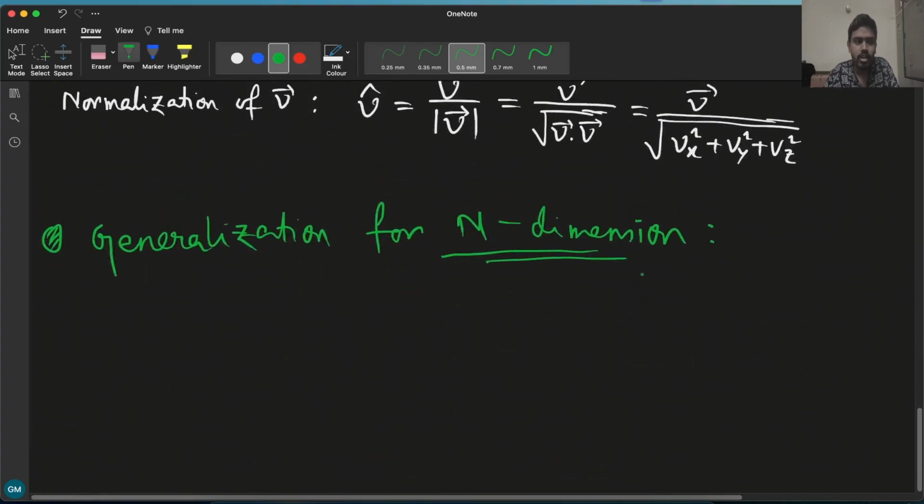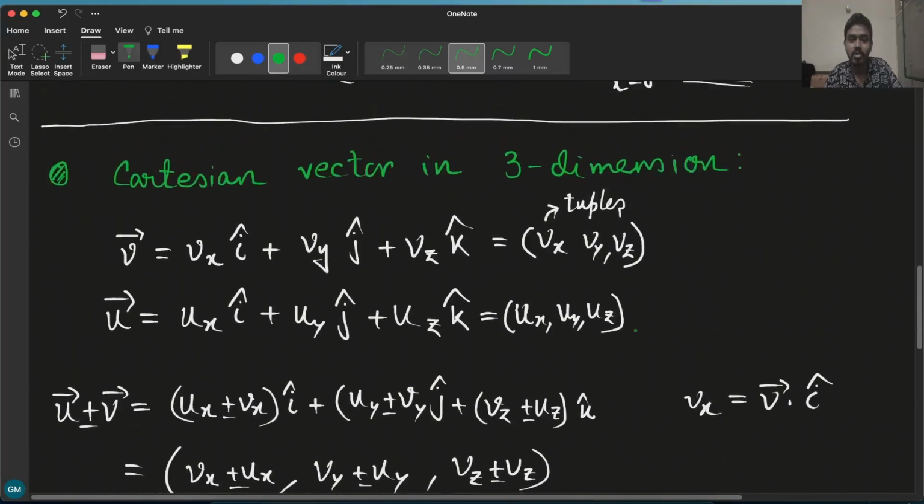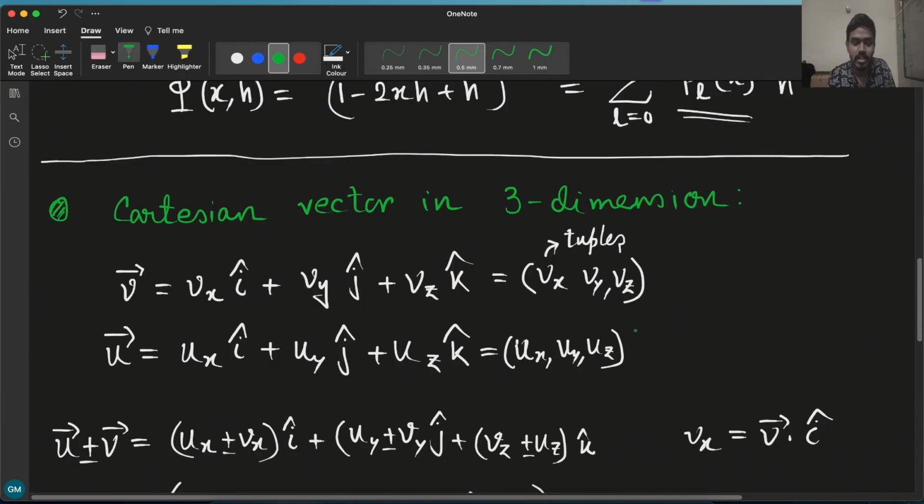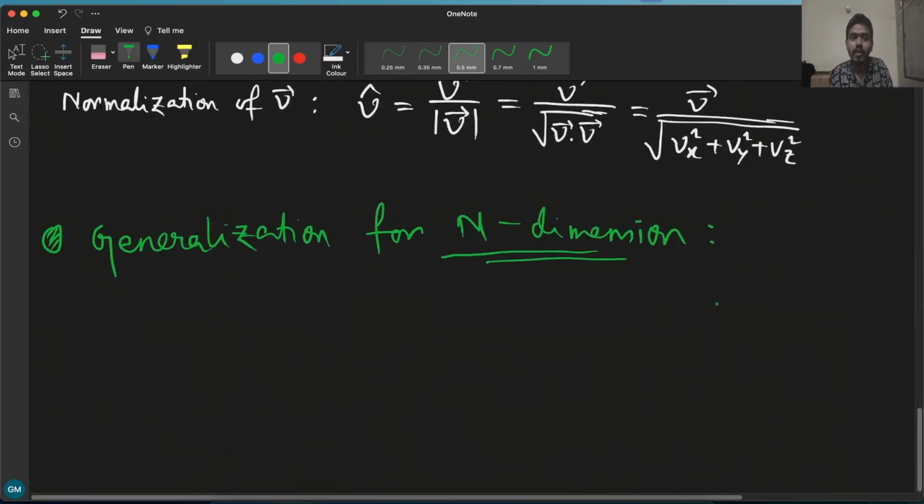So if I concentrate on the algebra, for n dimension there will be n bases, right? In 3 dimension there are 3 basis vectors like i, j, k, right? So for n dimension there will be n perpendicular and unit vectors, okay?